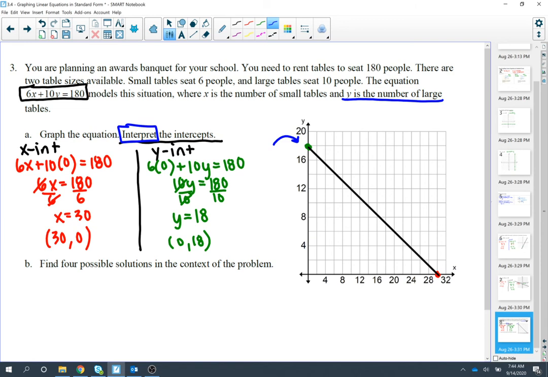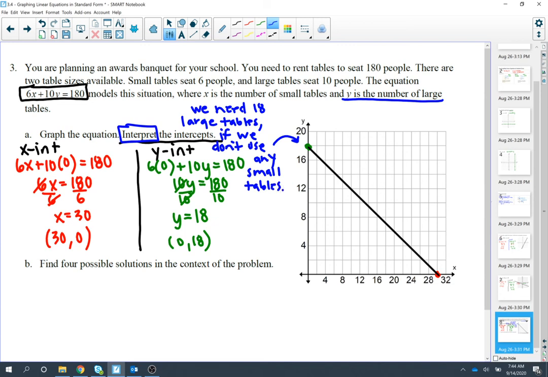So the interpretation is we need 18 large tables to seat everyone if we don't use any small tables.